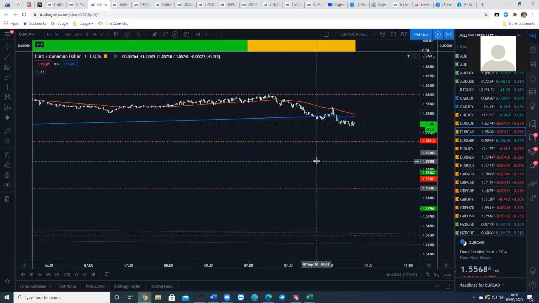Euro CAD. Let me just check my other scans. I've got everything. Yeah, I haven't got anything on this one that needs doing, I don't think.